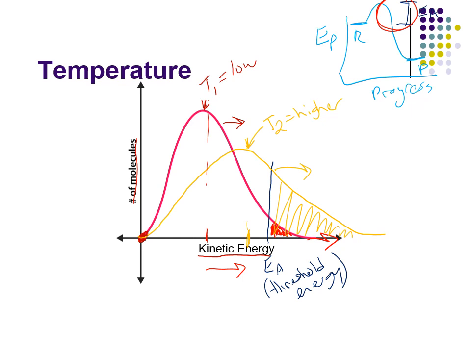So by increasing the temperature from T1 to T2, more particles possess the required energy to overcome the barrier, allowing them to become products, and therefore, if more of them have the necessary energy to get the reaction to happen, the reaction will happen faster.